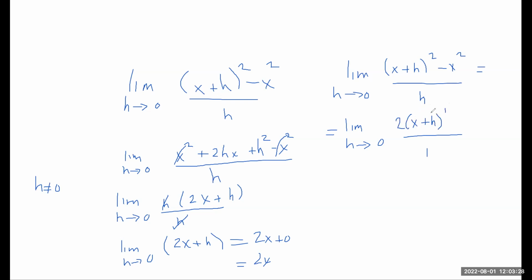Then I take the derivative of the numerator. And remember, I'm taking the derivative with respect to h, although in this case it doesn't matter. Not with respect to x, but with respect to h, my chain rule says it's times 1. And the derivative of x squared with respect to h is 0. It's not 2x.